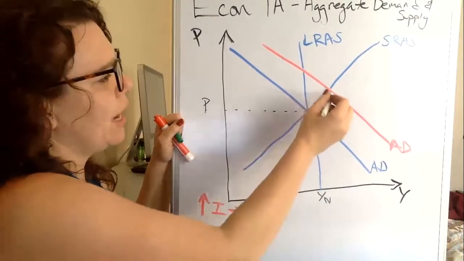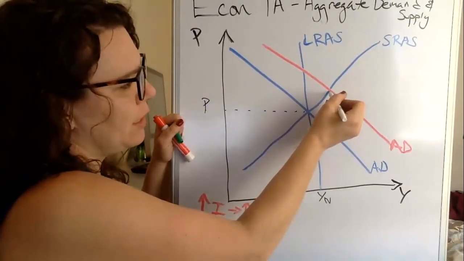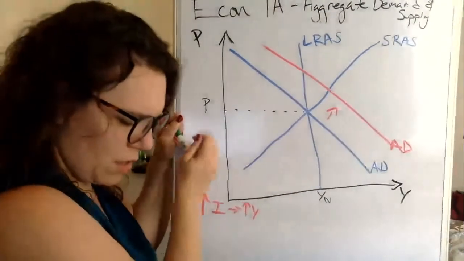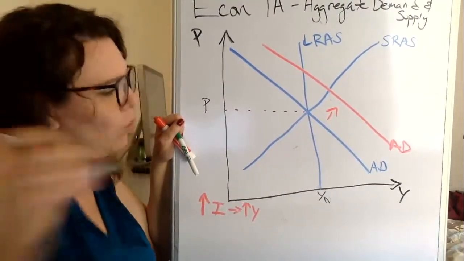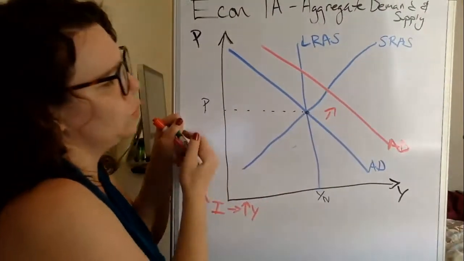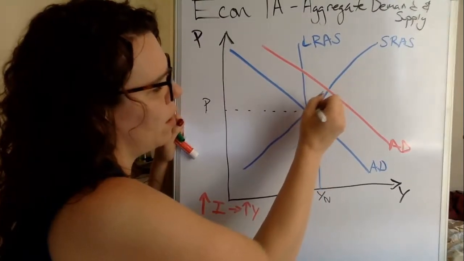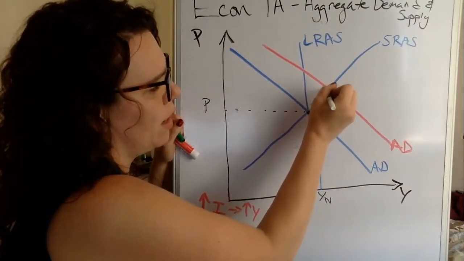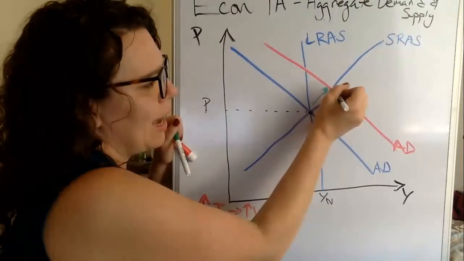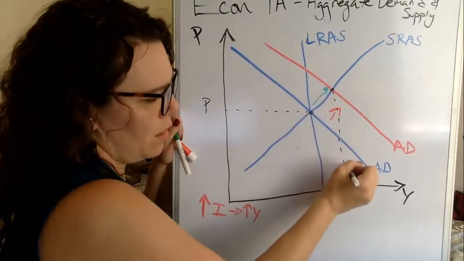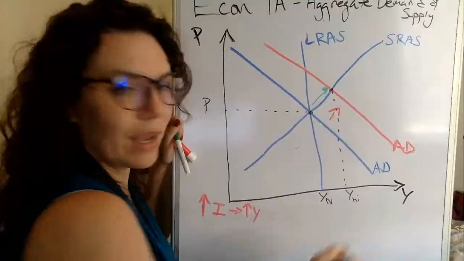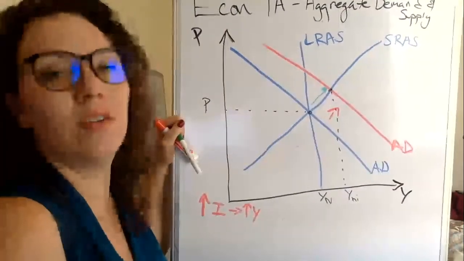When we see that happen, we're going to see GDP temporarily move from this first initial point all up to this new point on the short run aggregate supply curve, where we're going to be at a higher than usual, let's call it Y high, level of aggregate demand.